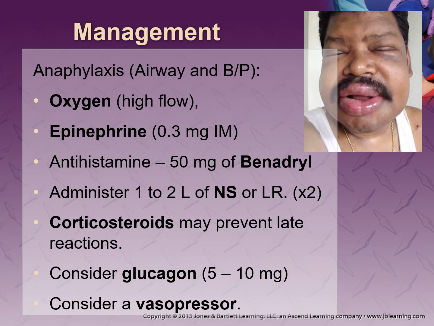You can consider glucagon. That's really for in-hospital. It's a different kind of glucagon than we have. It's not that IM preparation, but an IV preparation that is more than we have, like 5 and 10 milligrams of glucagon. The reason for that is it increases the efficiency of cyclic AMP, which makes it so your beta and alpha receptors, when you have epi in those receptor sites, will work better.